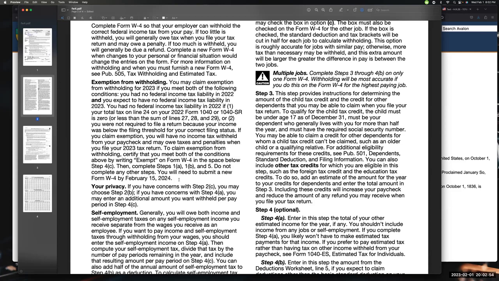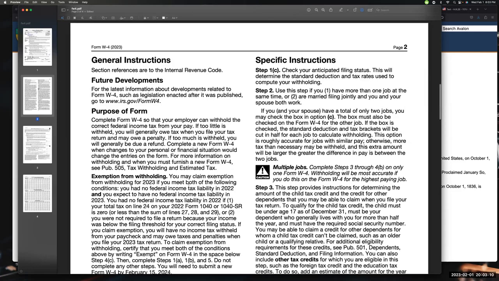So the first thing that you do is go directly down to number 4, 4C, and write the word exempt. And then they want you to go back to the very top and fill in the information. You see how they do things. It is backwards. Now, let's do exactly as they said.